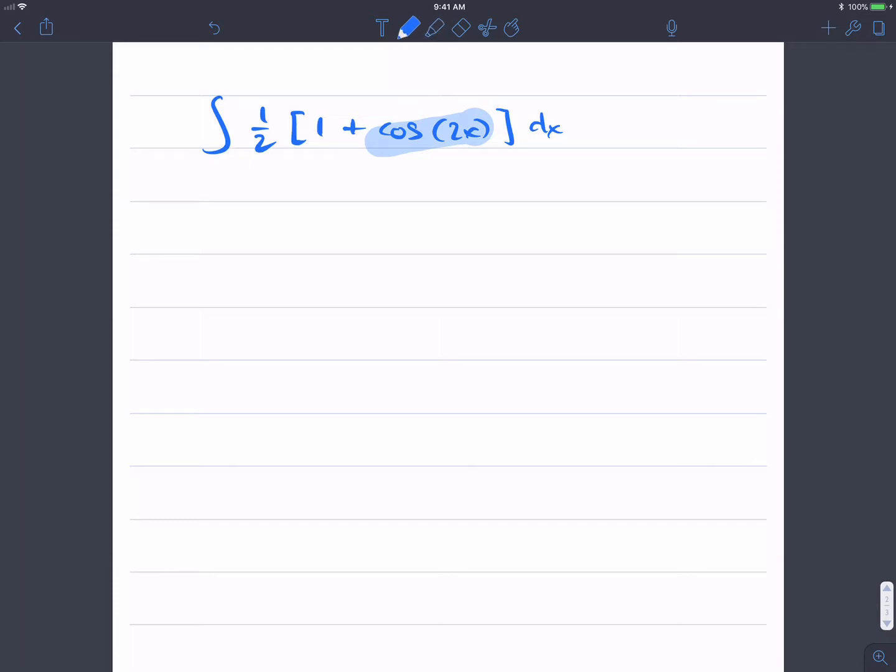So using your typical properties of integration, we can pull out a constant, and we can now use the integral of a sum being the sum of integrals.